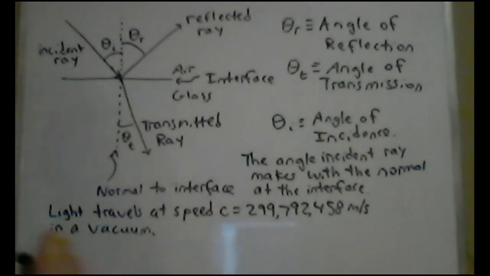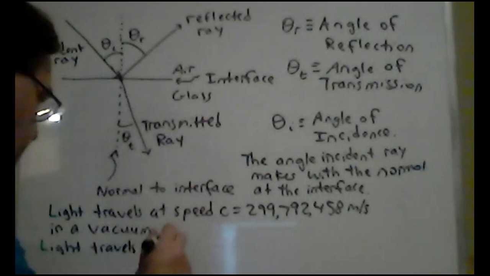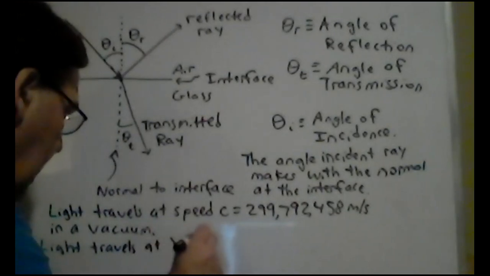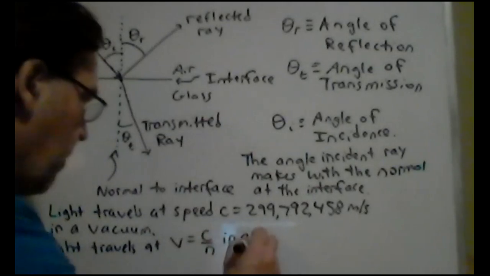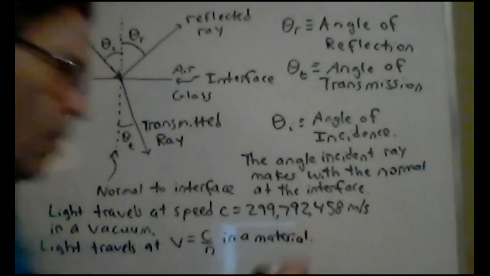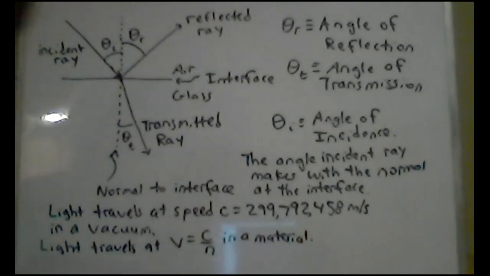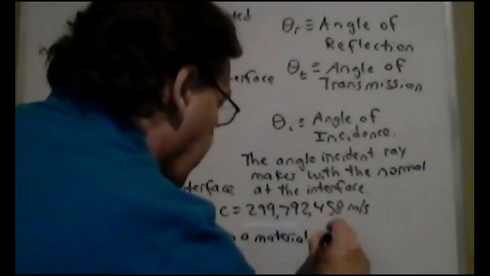Light travels slower in a material. It travels at v equals c over n in a material. So it's slower in a material, and n is called the index of refraction.